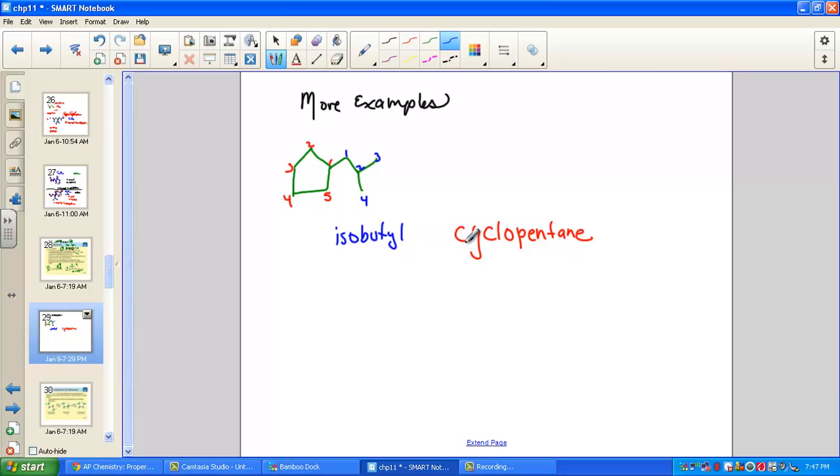Isobutyl, and that should be attached to cyclopentane. So I'm going to just kind of grab that and move it over. Isobutylcyclopentane, all one word.